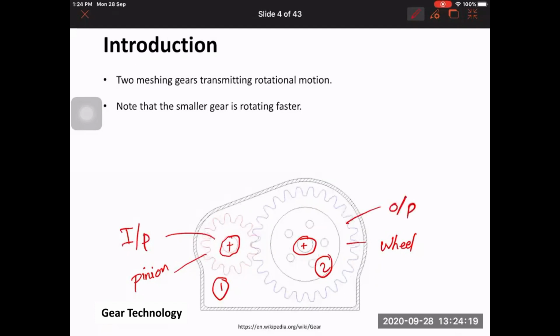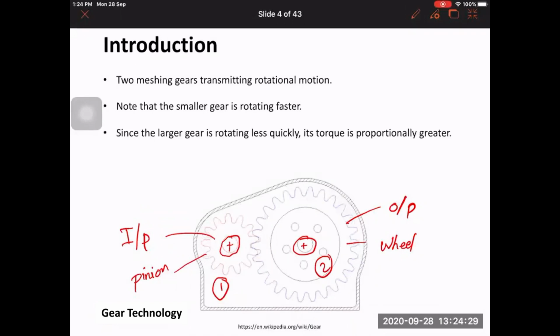Because the pinion rotates faster compared to the wheel. So we are just reducing the speed, okay? The larger gear here rotates less quickly. So the torque on this gear or on this shaft is higher compared to the torque on this one.